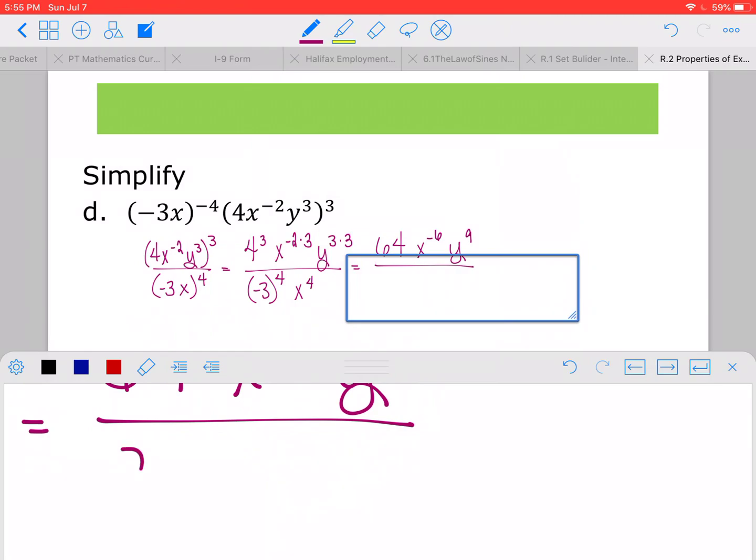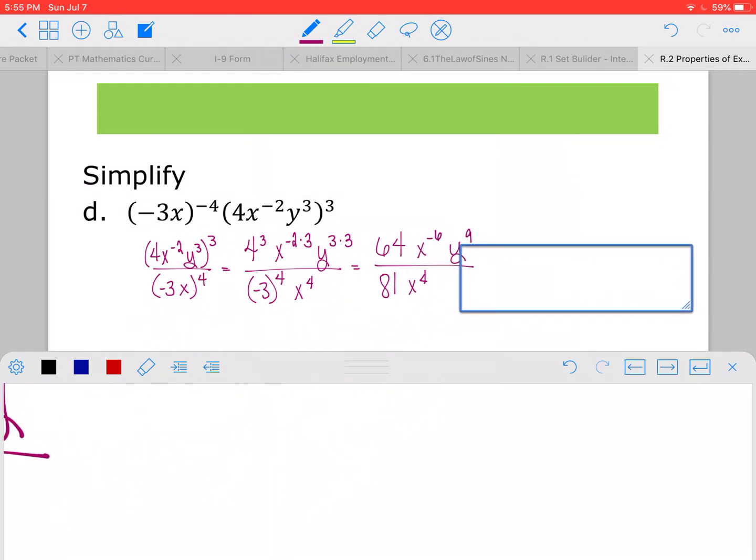So we've got positive 81 x to the 4th. Okay, so 64 and 81. Let's see, does that reduce any? Nope, it doesn't. Okay, so we'll keep that there.